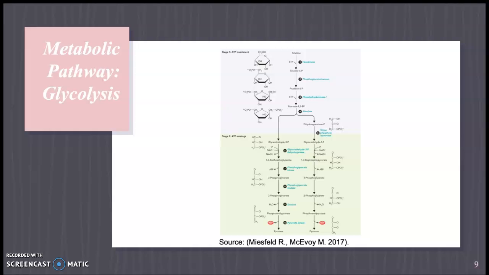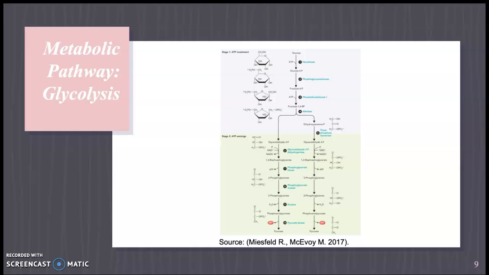Then in step 6, we have our 2 molecules of GAP, which are converted into 2 molecules of 1,3-bisphosphoglycerate using the enzyme glyceraldehyde 3-phosphate dehydrogenase. Once again, ATP is not used, but we do produce 2 molecules of NADH.